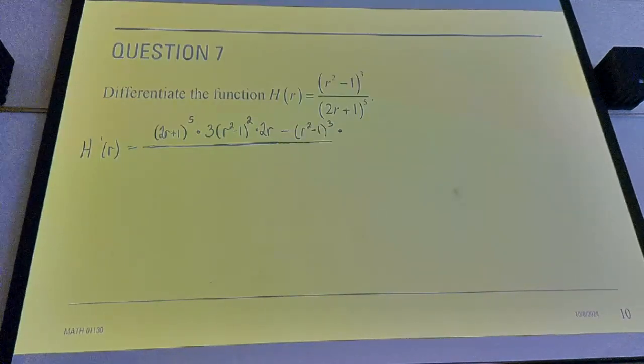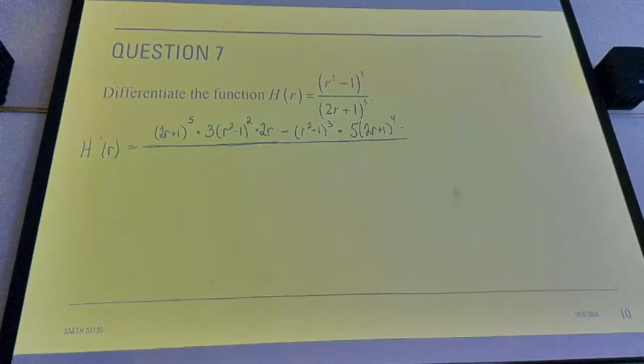Now we want the derivative of the denominator. What kind of function are we dealing with? Power rule. But does that function have a derivative?